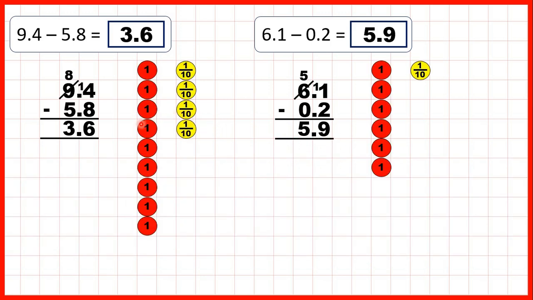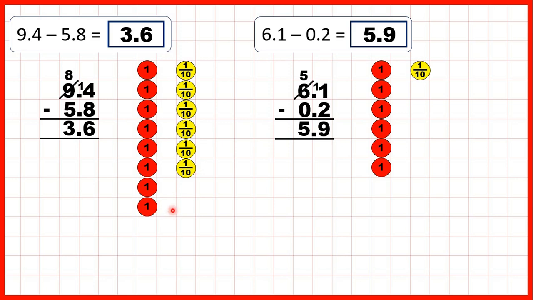We could also show what we did using place value counters. So for this question, we started with 9.4, so 9 ones and 4 tenths, and we needed to take away 8 tenths. We can take away 1, 2, 3, 4, 5, 6, 7, 8 tenths, and you can see that we're left with 6 tenths.